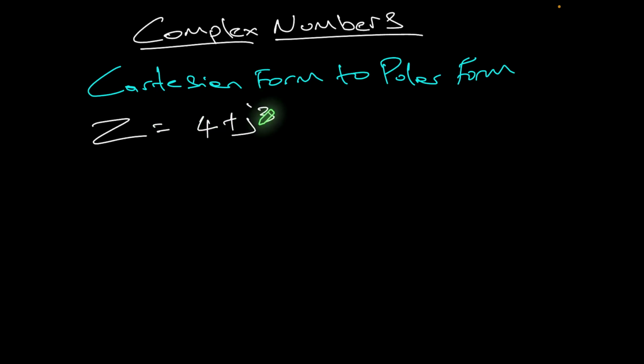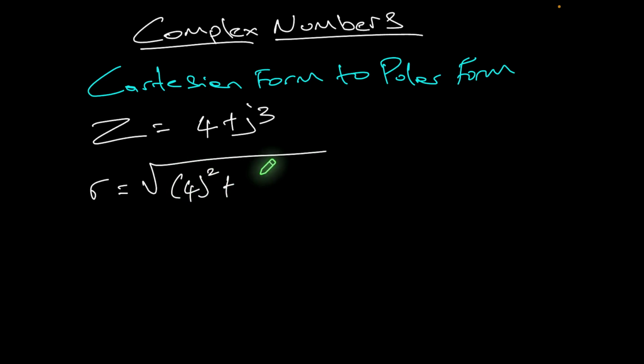Of course, we could have represented this on our Argand diagram and measured up the angles to get the resultant, but for now, I'm just going to show you how to do the calculation. We need to work out our resultant, and that would just be the square root of 4 squared plus 3 squared from our Cartesian form. When we do 4 squared plus 3 squared, we're going to get 5, and I'm going to use newtons to represent force. So that gives us our R value.